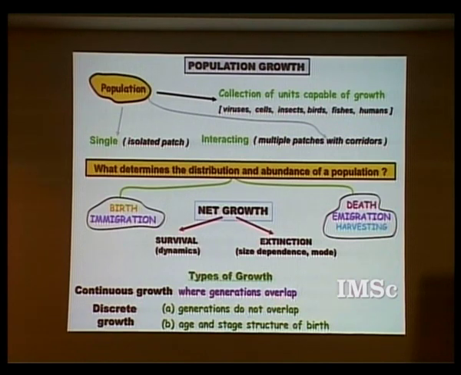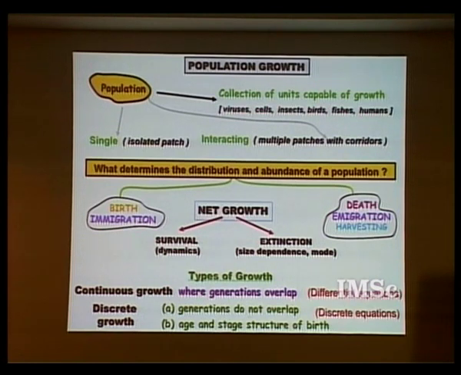But there are a lot of organisms, including the insect I'm going to talk about, whose generations don't overlap. After laying the eggs, the adult dies, so the next generation never sees the older generation. And there are other organisms with a structure, where at a particular age they reproduce at a particular stage. So they can also be modeled in this way; they are called discrete growth systems.